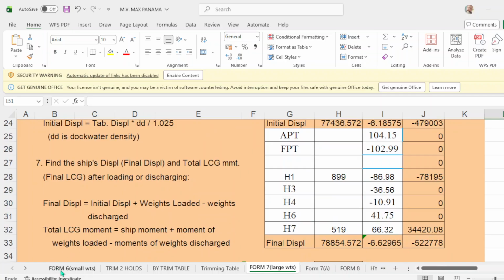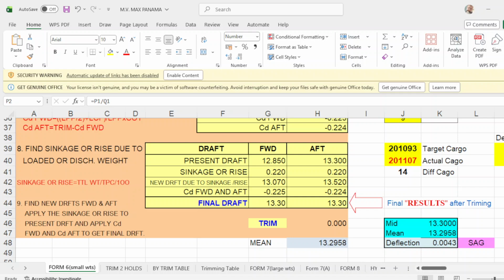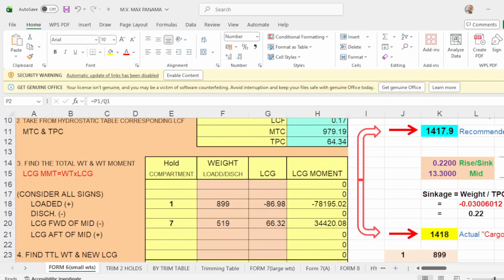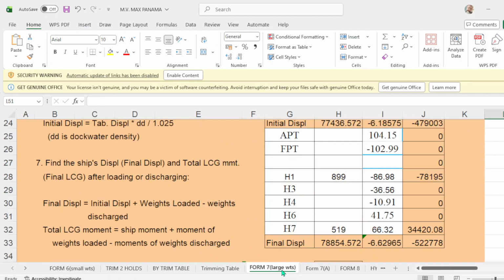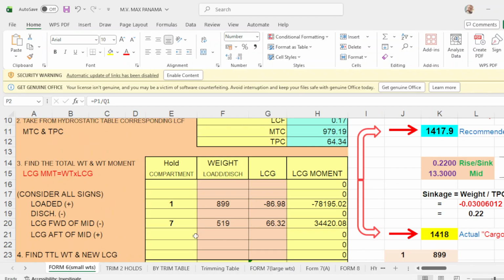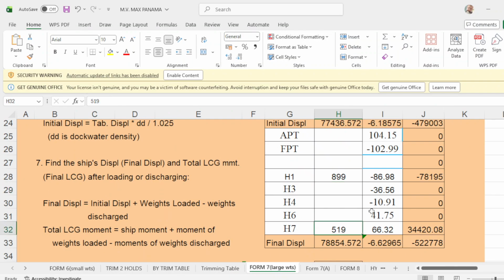So in number 1, you will load about 899. So you put here 899, and number 7 will be 519. Then put here 519.